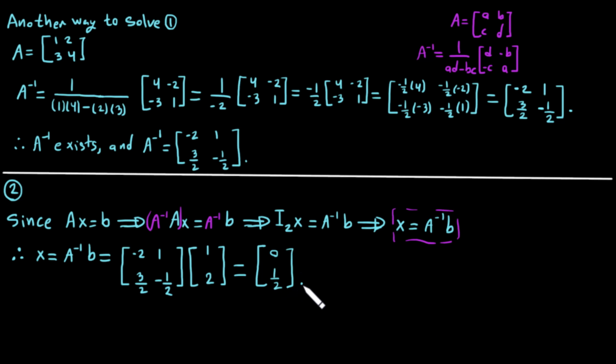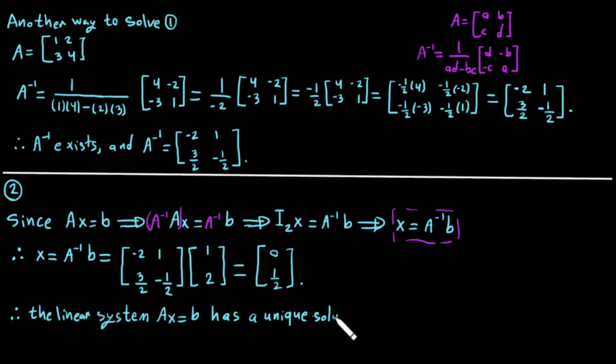So that's it here. Therefore, the linear system AX equal B has a unique solution.